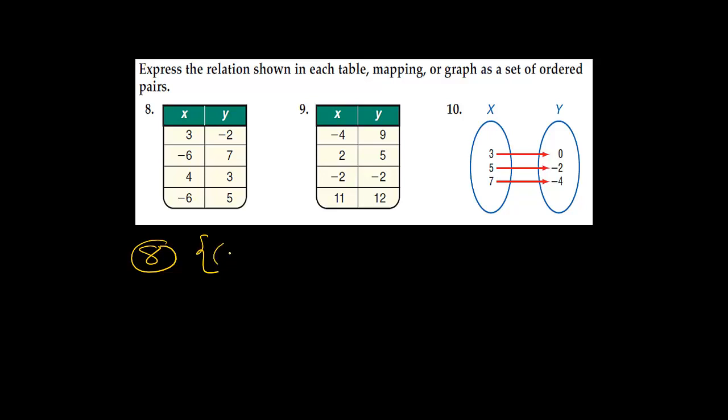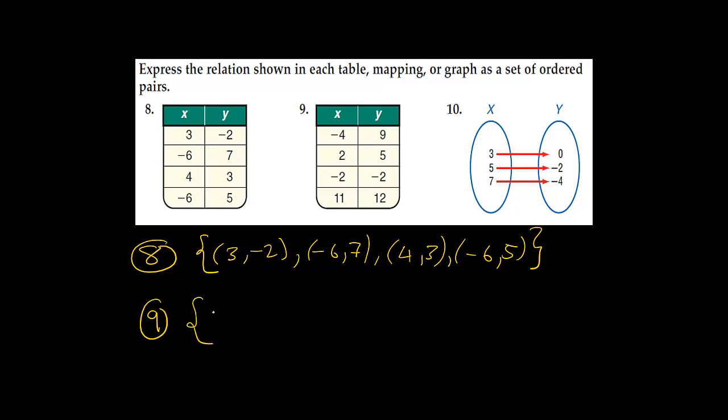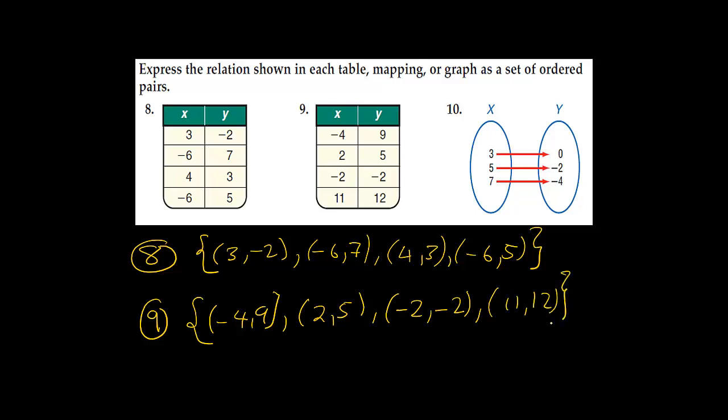Open curly brackets, round brackets, 3 comma minus 2 close, comma, minus 6 comma 7 close, comma, open 4 comma 3 close, comma, open minus 6 comma 5 close curly bracket. That's question 8. Question 9, open curly bracket, open minus 4 comma 9 close, comma, open 2 comma 5 close, comma, open minus 2 comma minus 2 close, comma, open 11 comma 12 close curly bracket.